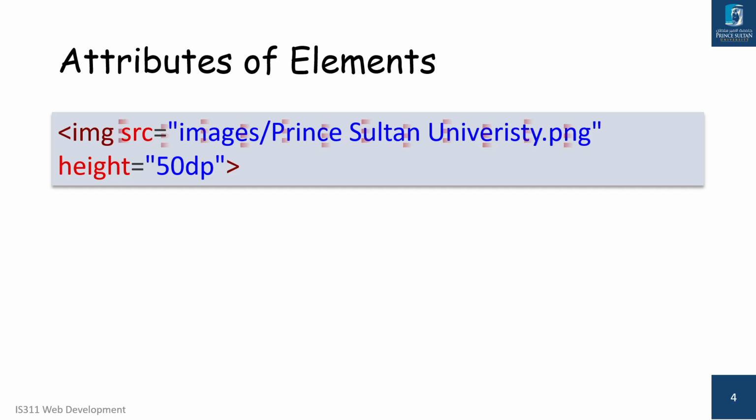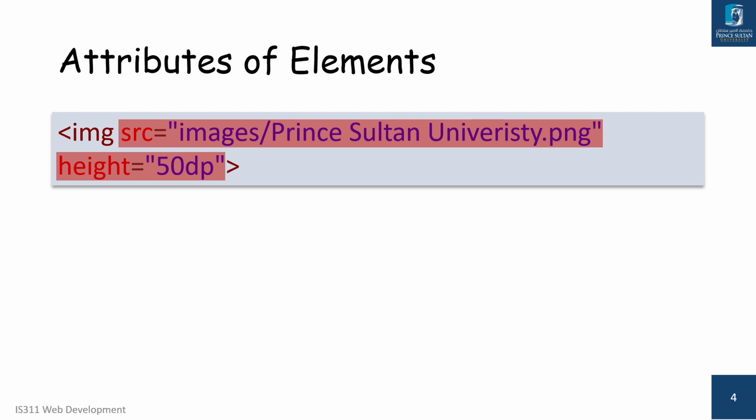Similarly, if we have an image, then we can specify the source attribute, and we can also specify the height attribute. So these are the properties which give additional information about that element. Source tells which image we want to display, and height will specify the size.